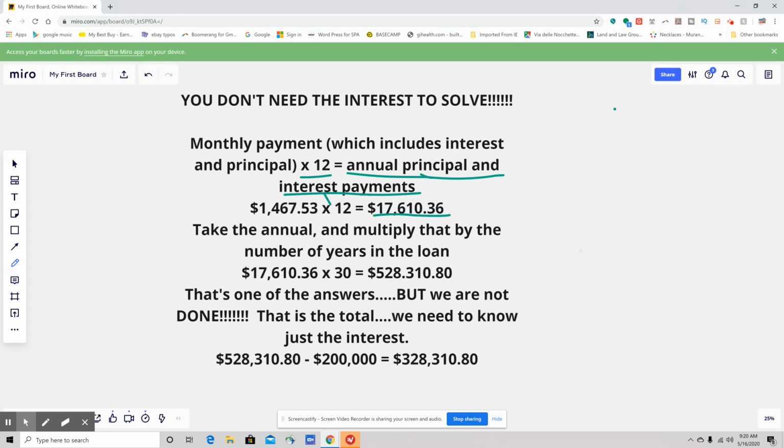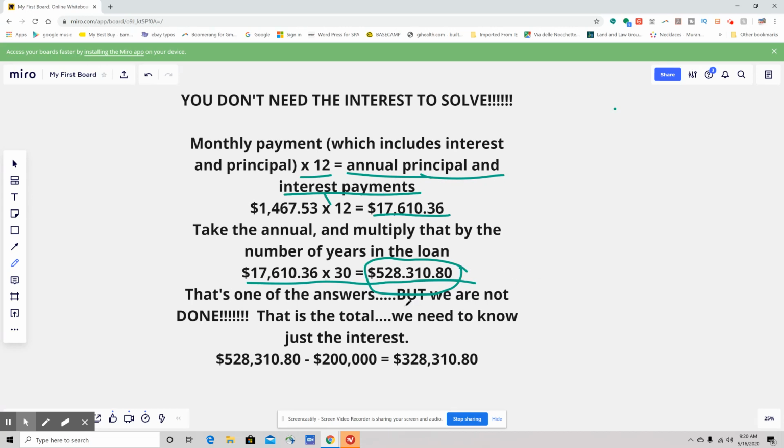This is a reading comprehension test. They try to understand, are you really taking into consideration everything that you know about the question? So you're going to take the annual number and multiply that by 30, which is going to give you the total principal and interest of the loan.